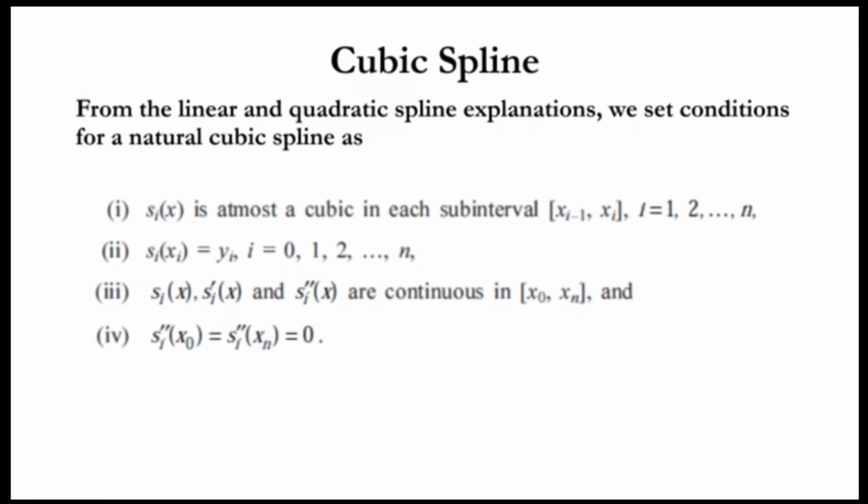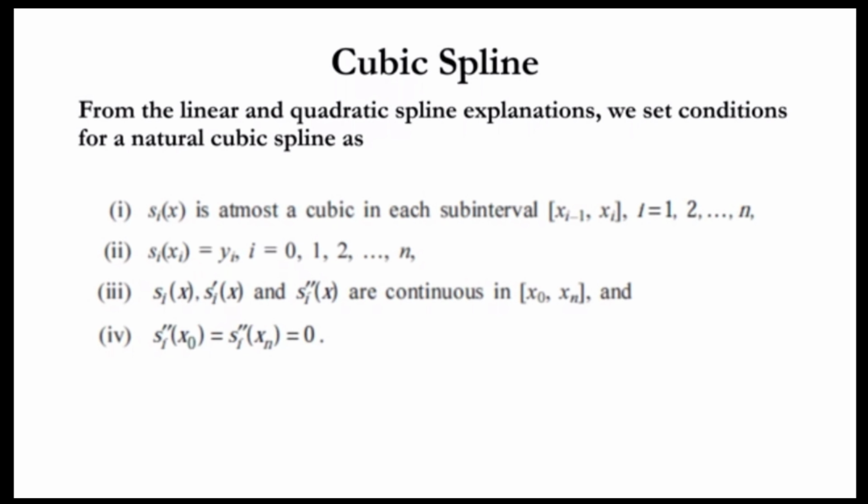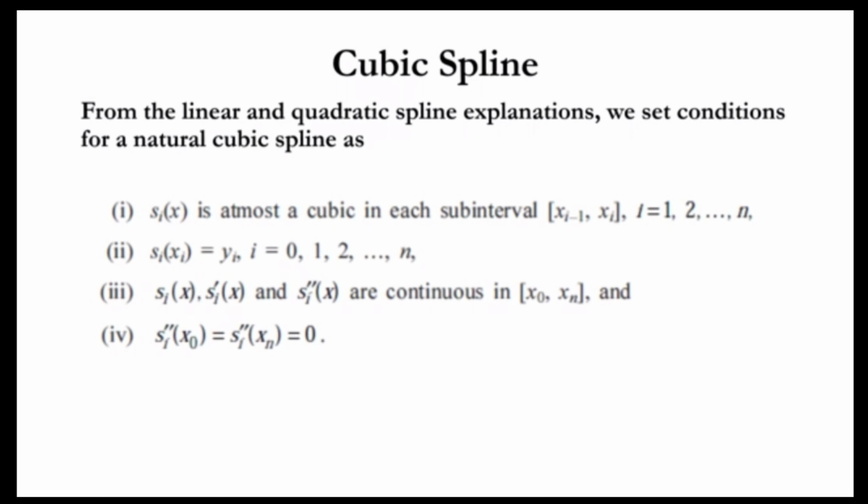And S sub i of x, S sub i prime of x and S sub i double prime of x are continuous in x sub 0 and x sub n. And last is S double prime of x sub 0 equals S double prime of x sub n equals 0.